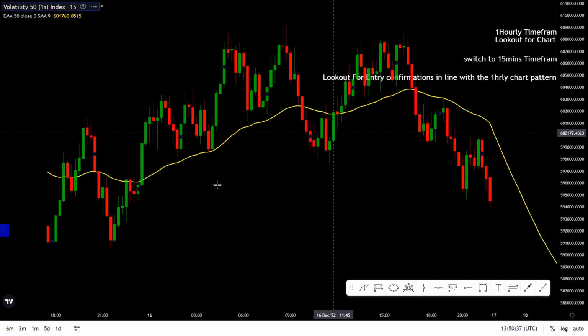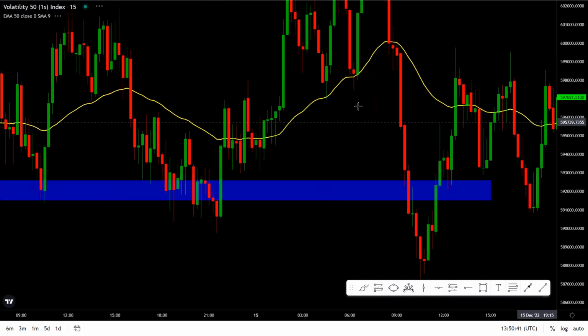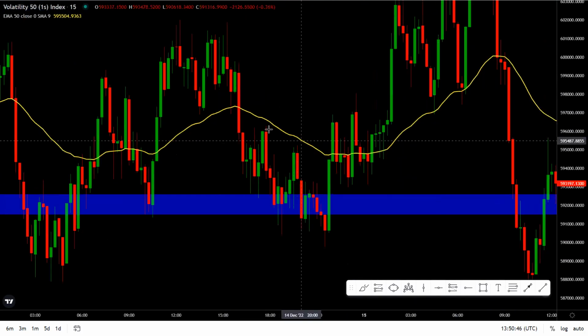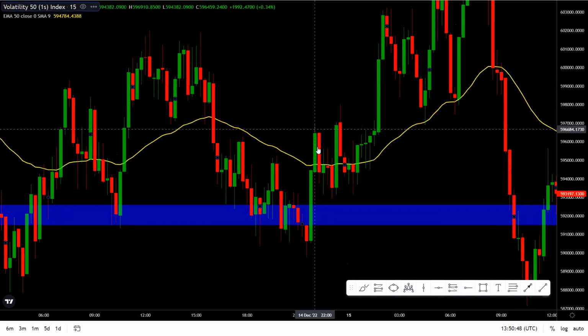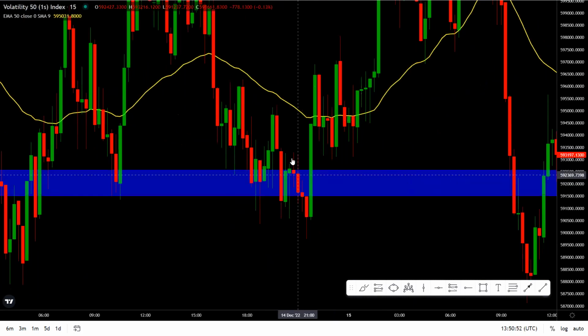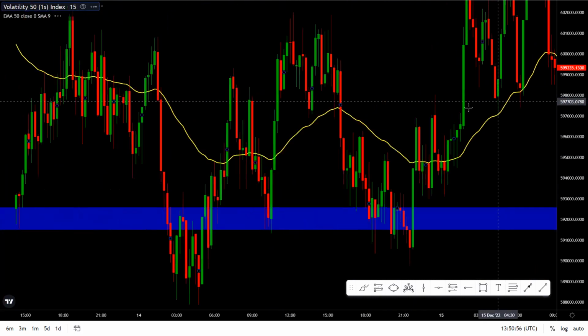Yeah, so having identified the potential right shoulder of the inverse head and shoulder pattern, this is why I moved down to the 15 minutes time frame. And then what did I notice on the 15 minutes time frame?